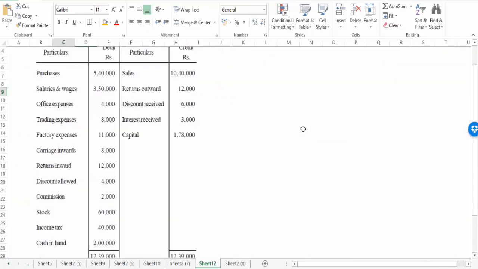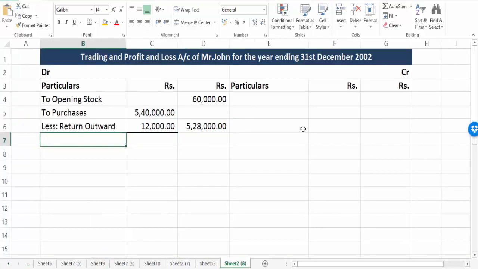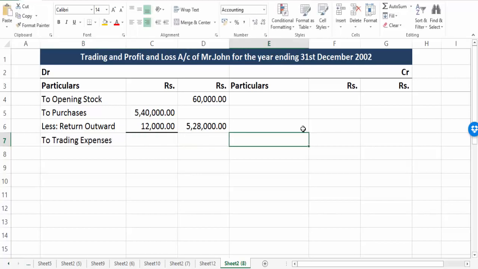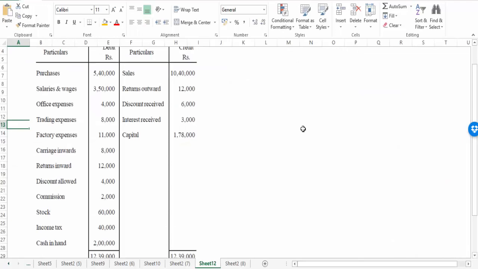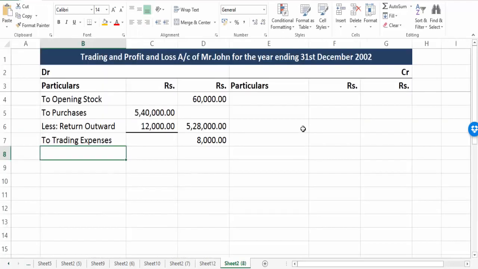Then what are the other items? We have salaries related to P&L. Let's try to capture the item related to trading first. Office, P&L, trading expenses 8,000. So we'll say to trading expenses 8,000. Then we have factory expenses 11,000.